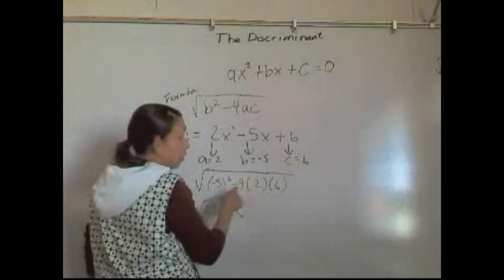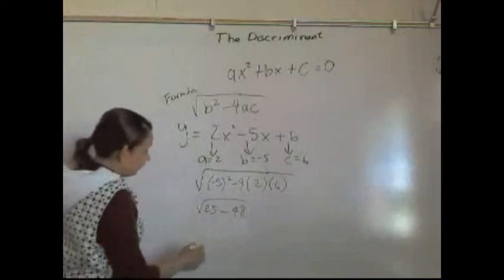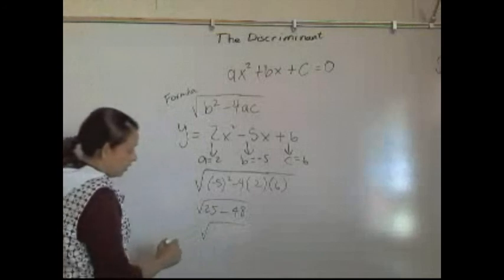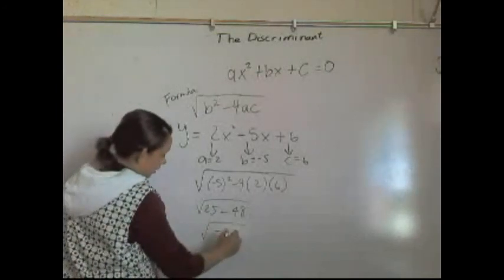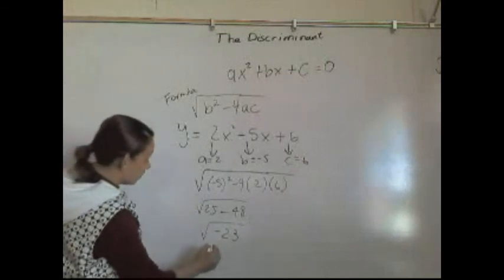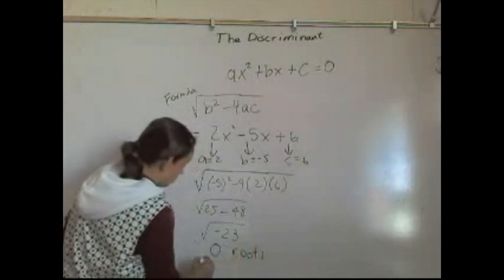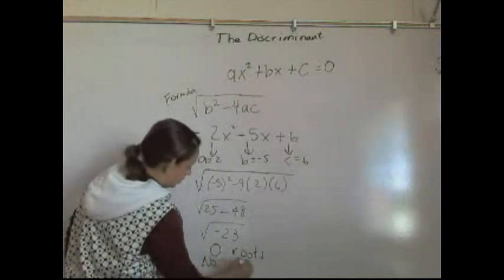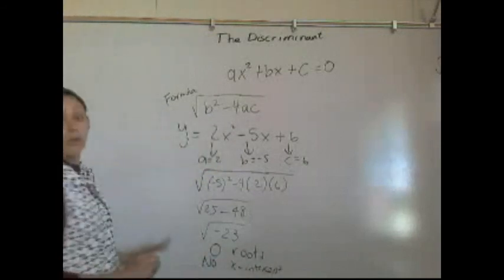Negative 5 squared is 25. 6 times 2 is 12. 12 times 4 is 48. 25 minus 48 gives me a negative, and that will be negative 23. Now, could I have the square root of a negative? No. Therefore, this will give me 0 roots or no x-intercept.